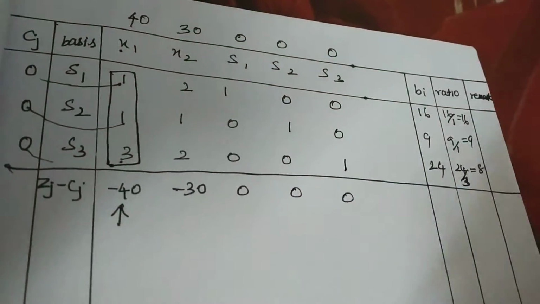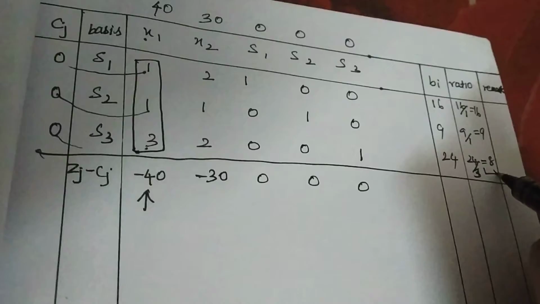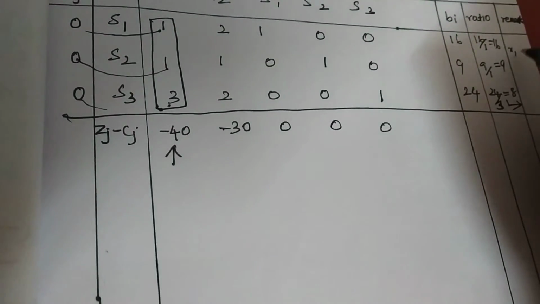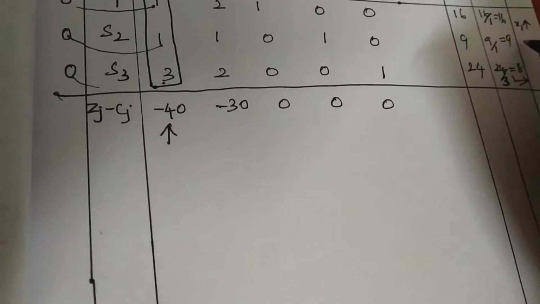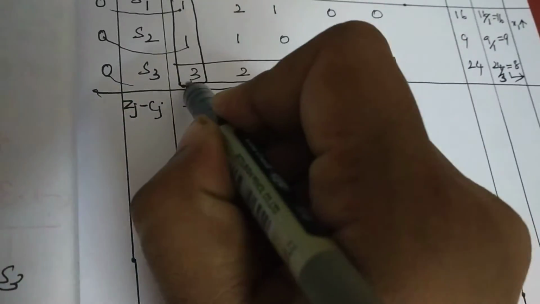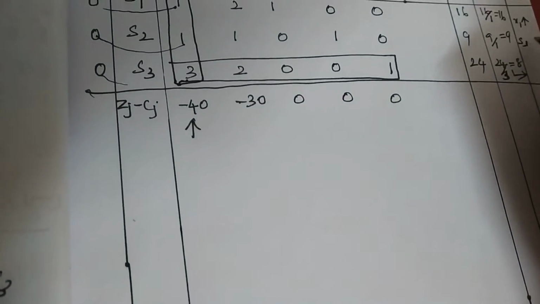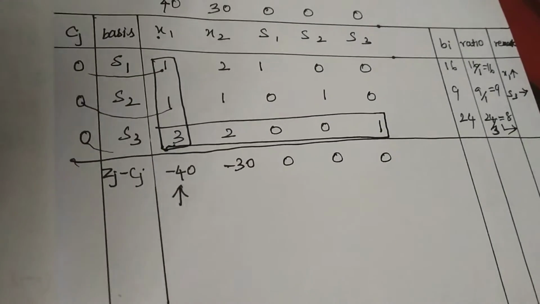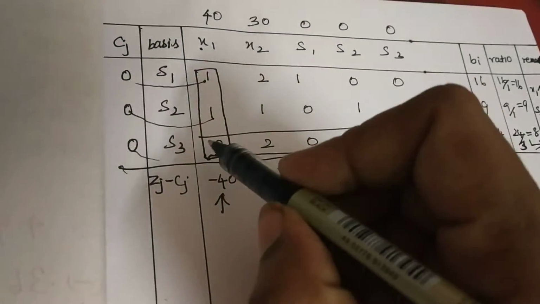Here it is 8. So x1 enters the basis and the corresponding variable S3 leaves the basis.